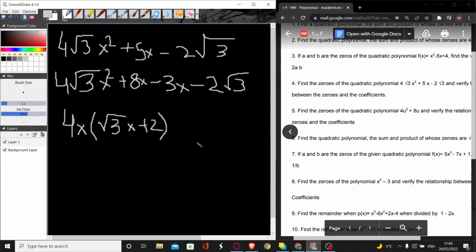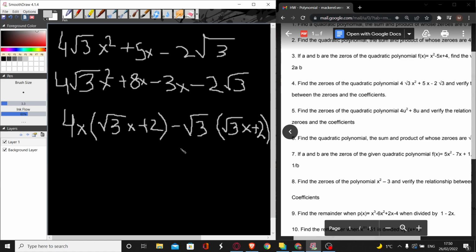And for this part, you're going to take minus square root of 3 as common. Okay? So you get minus square root of 3, and in return we get square root of 3x plus 2.